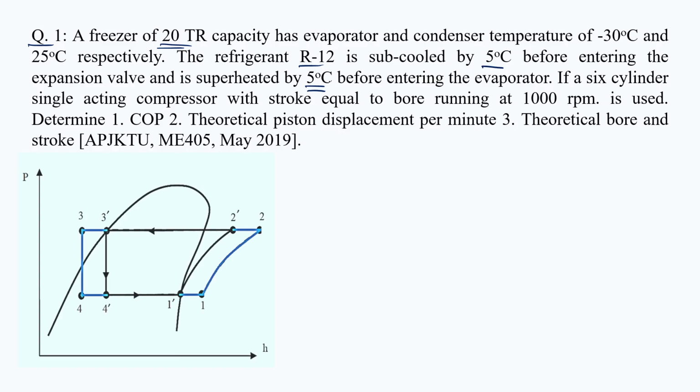So the degree of subcooling and superheating is an equal amount of 5 degrees Celsius. That is, the refrigerant coming out of the condenser is cooled by 5 degrees Celsius further, while the vapor refrigerant coming out of the evaporator is heated by 5 degrees Celsius to a superheated state before entering the compressor. This is not evaporator, this is compressor.